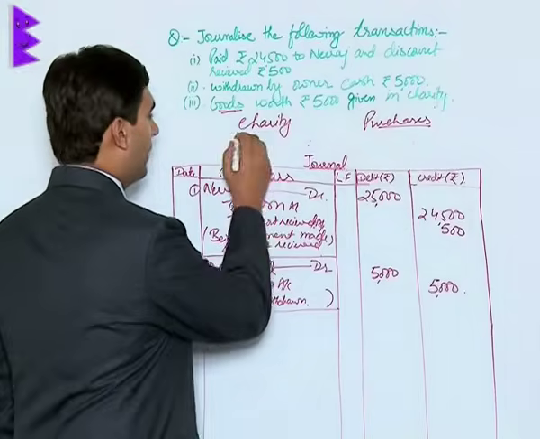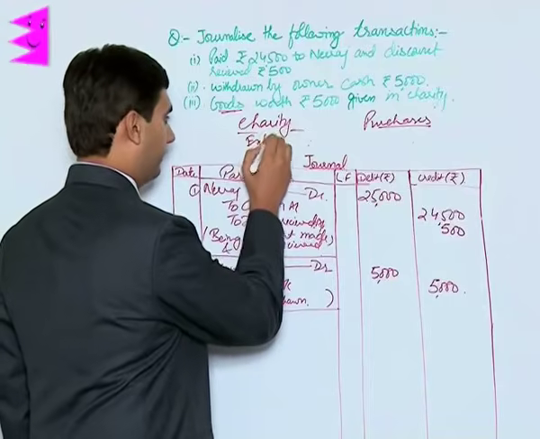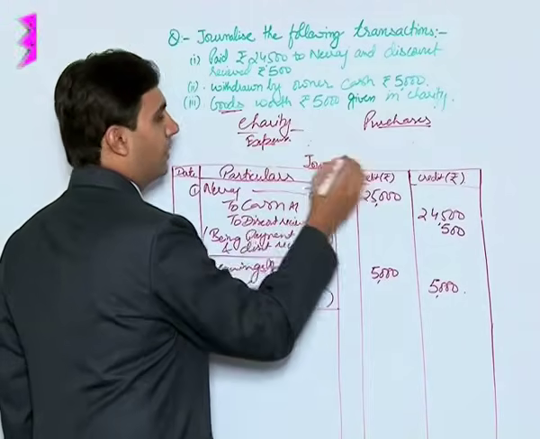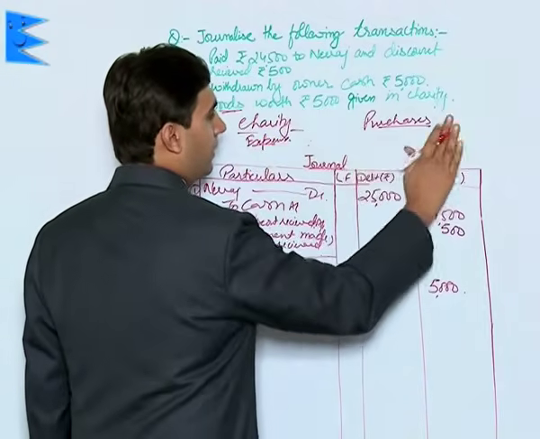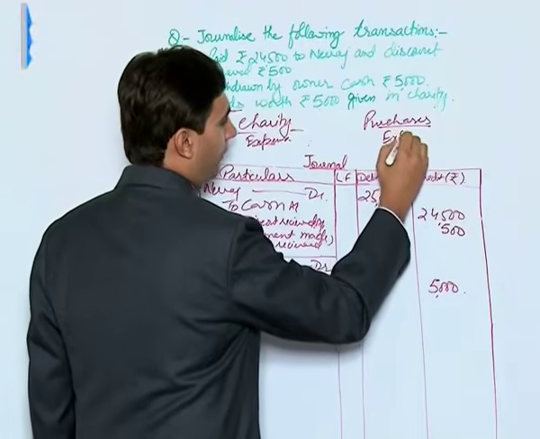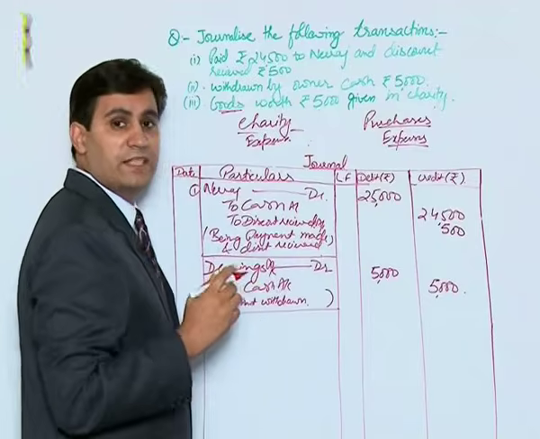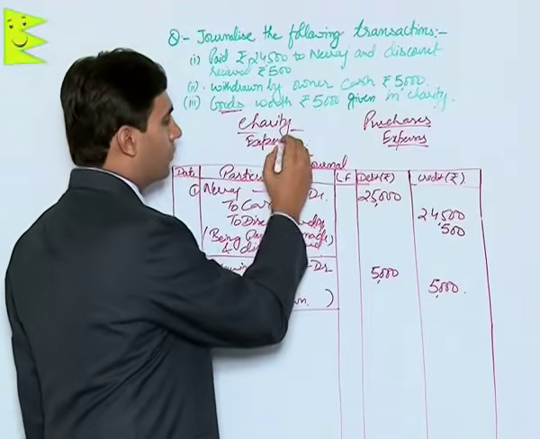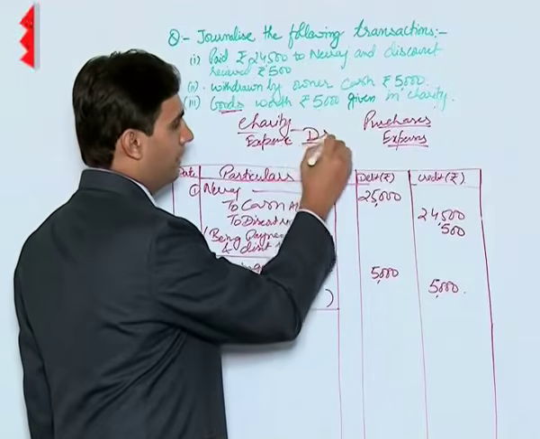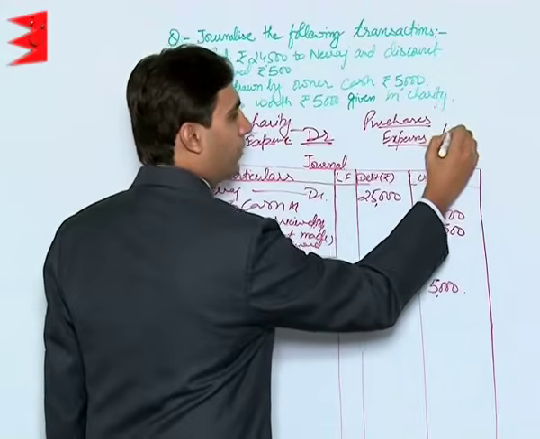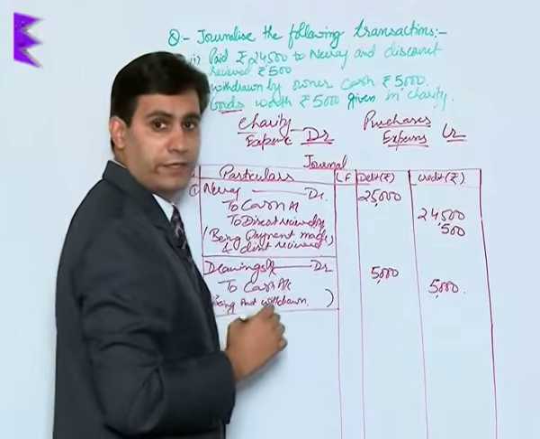Now charity is an expense and purchases is also under the category of expenses. Now students, when the expenses increase, they should be debited, so charity should be debited and correspondingly purchases would be credited.